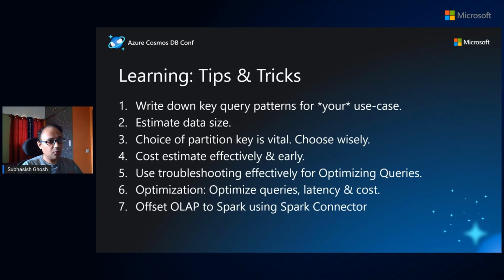And if there were large volume OLAP workloads, then it's always good to offload that to Spark using the Spark connector, and process it over there. That's something which technically you should be aware of and take away from here. So that's the crux of it, in terms of what we did and what we achieved.